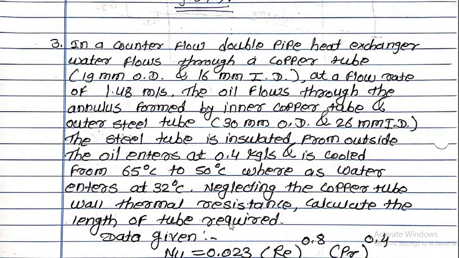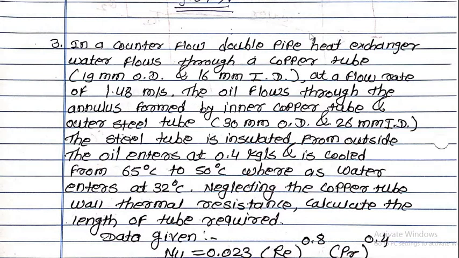Okay, so the statement of the third problem is, in a counter flow double pipe heat exchanger, water flows through a copper tube, 19 mm OD, meaning the copper tube outer diameter is 19 mm, and inner diameter is 16 mm ID, at a flow rate of 1.48 meter per second.